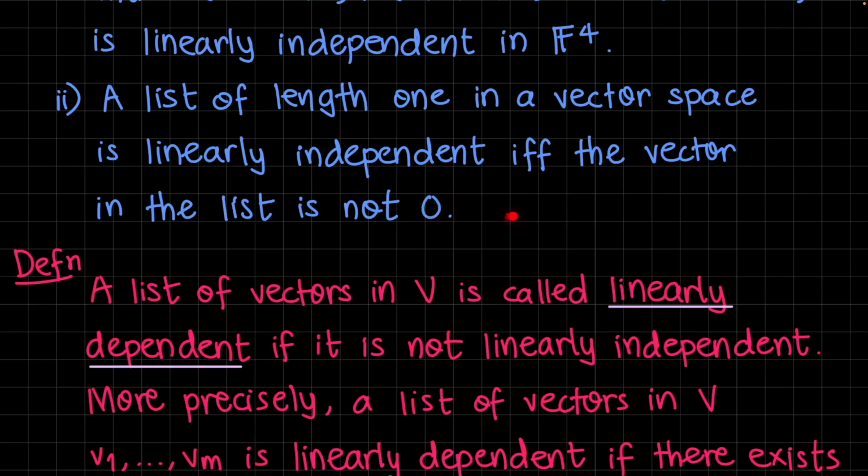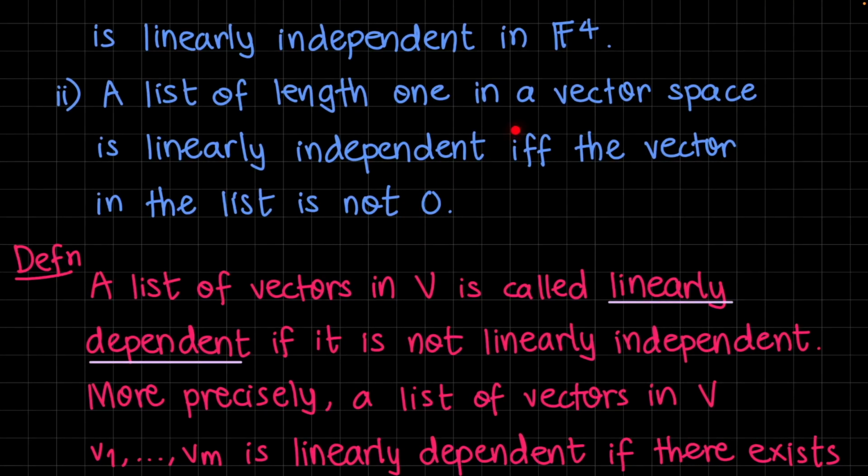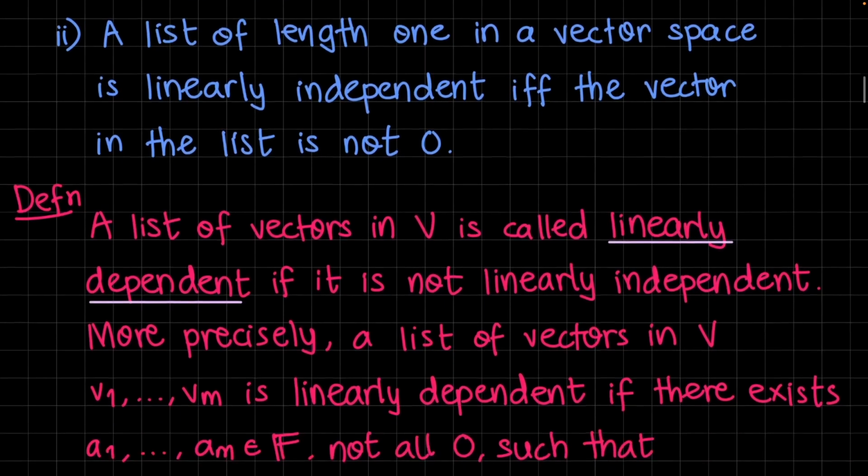You can multiply the 0 vector of the list by any field element and get 0. So there are many ways of expressing the 0. If the vector in the list is non-zero, then the list is linearly independent.